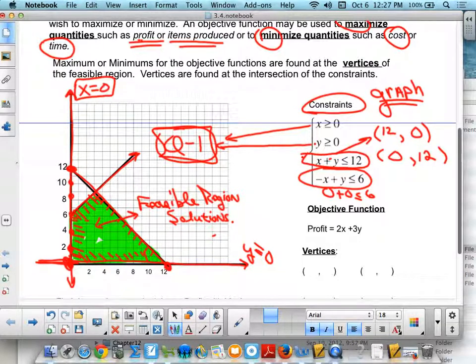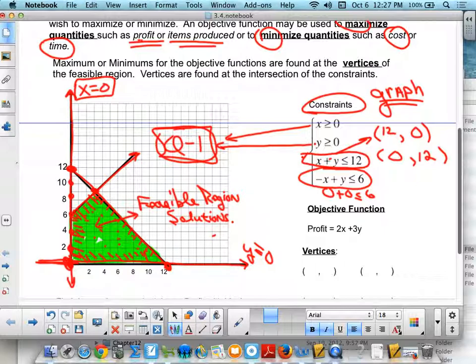Now, here's the deal. Linear programming is all about making money for your company. So if all these points make money, which one makes the most money? Well, you think it's the very top one, right here? Well, here's the deal. Where you make the most money is only going to happen at the vertices.